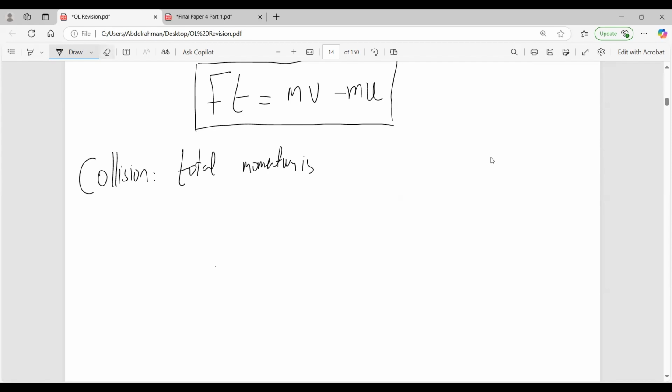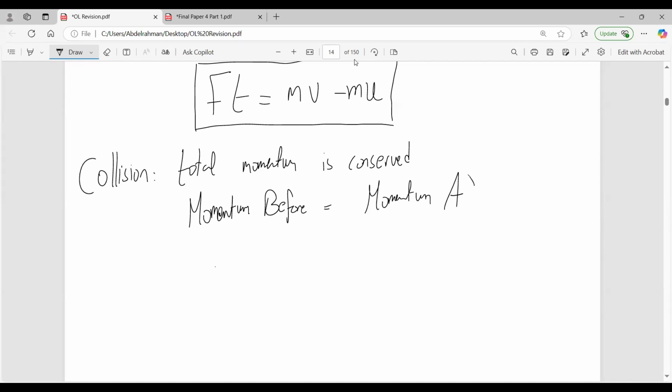Total momentum is conserved means that the momentum before the collision is equal to the momentum after the collision.